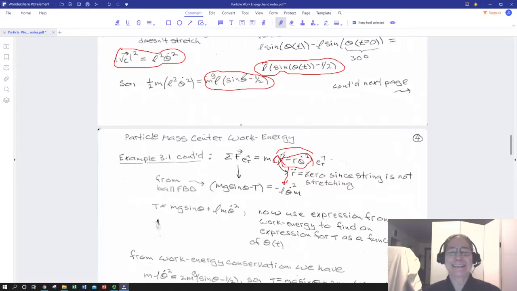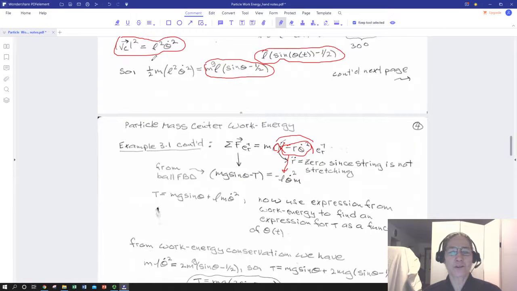How handy. So we can just factor out the portions we don't want and get an expression in this case for m L theta dot squared in terms of g and sine theta from our work energy expression here.